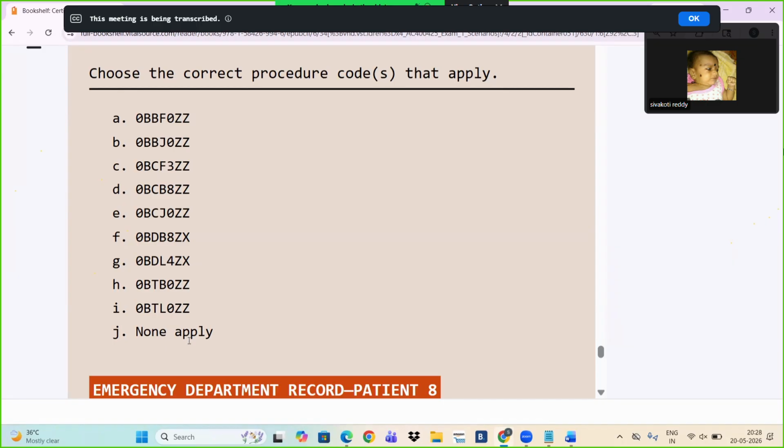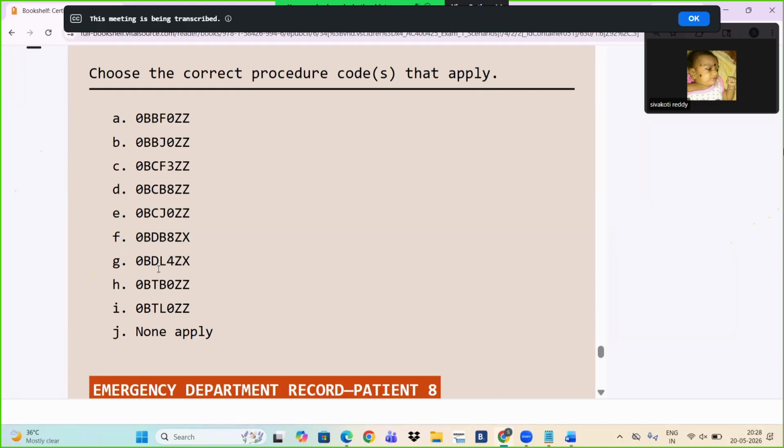If they give options like this, we need to identify the procedure. If there is no procedure in the document, we need to select none apply, guys. If there is a code, we need to go with the particular procedure. However many codes they documented, we need to select those particular codes.